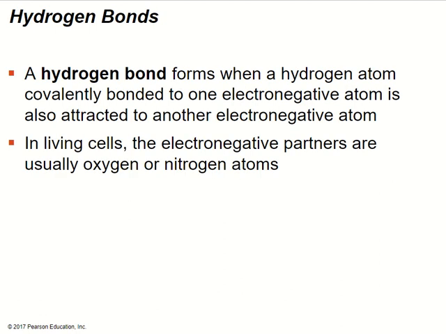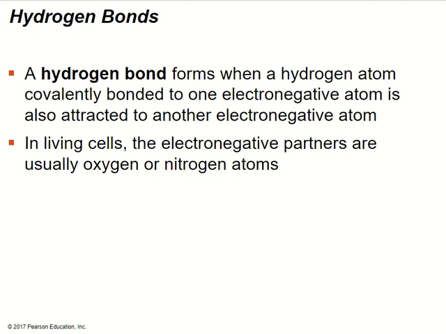Now, an example of weak bonds is hydrogen bonding. A hydrogen bond forms when a hydrogen atom covalently bonded to one electronegative atom, such as oxygen or nitrogen, is also attracted to another electronegative atom.